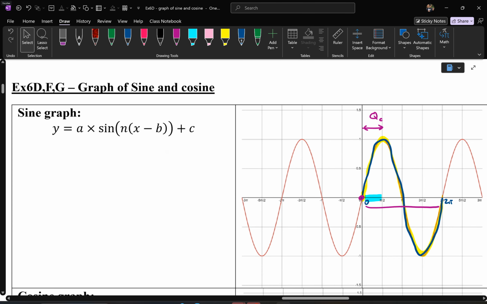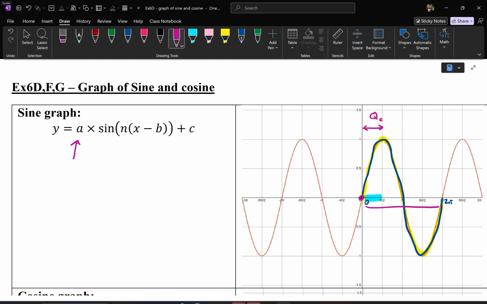But here are a couple of things. We still have the same things to note from transformations. A represents what? Can I please have, let's go with Sam. What's A? What kind of transformation is that? A is a dilation. It is a dilation factor. A, that's correct.